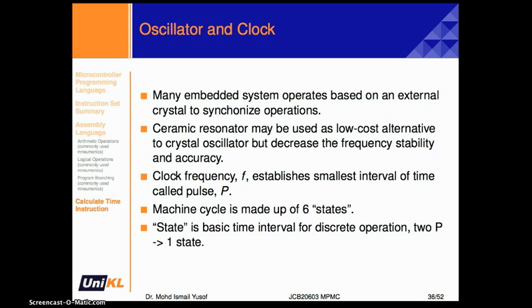From the microcontroller perspective, it also requires an oscillator to generate constant pulses in order for the microcontroller to synchronize its operation. Microcontroller operation can be mathematical operation, control operation, and many more.